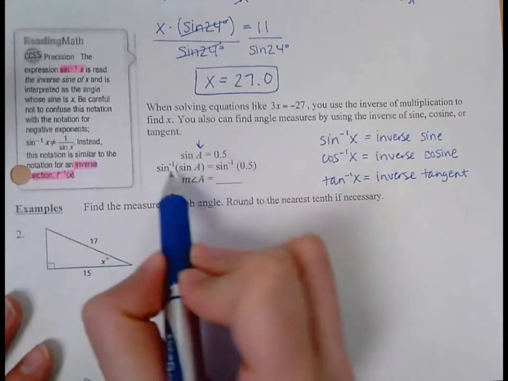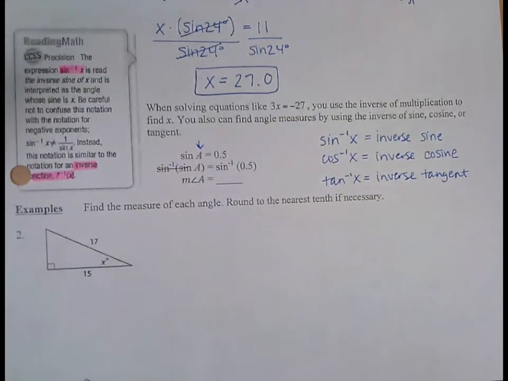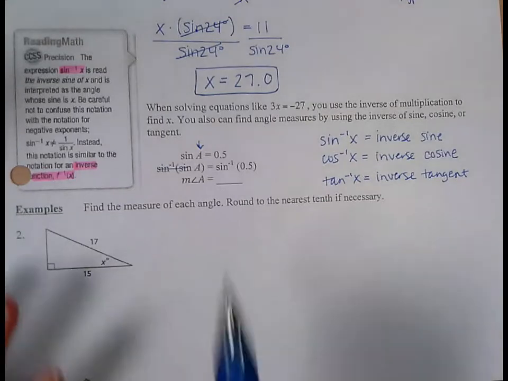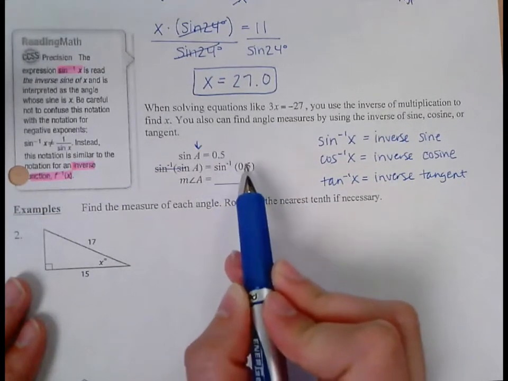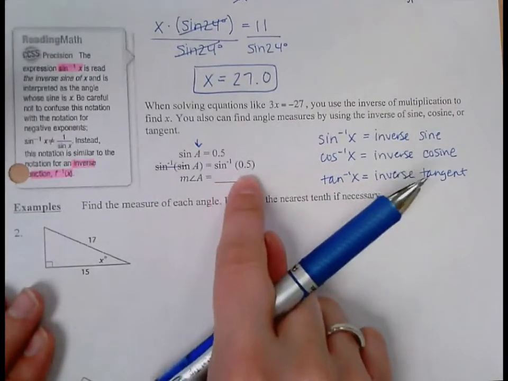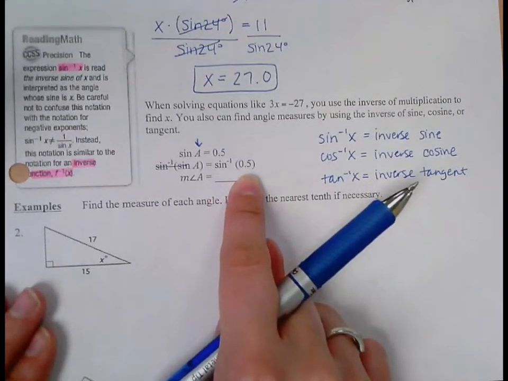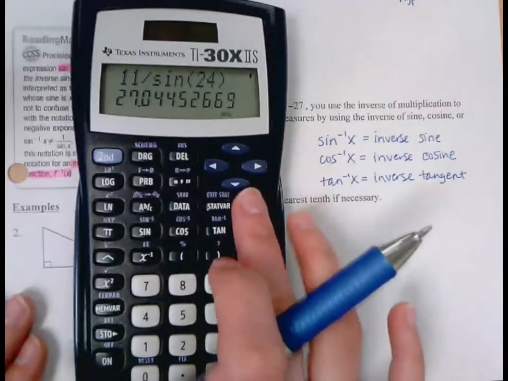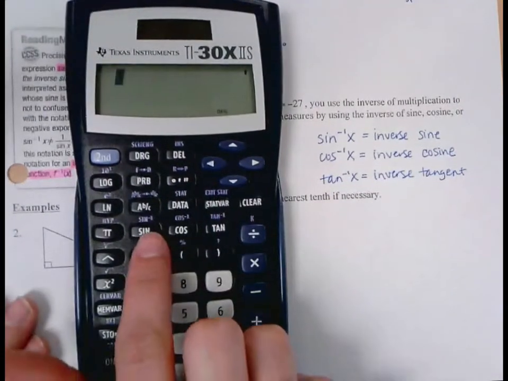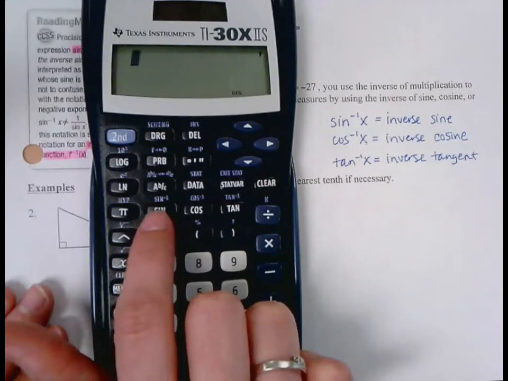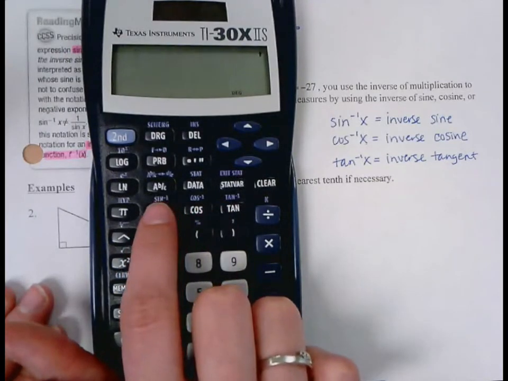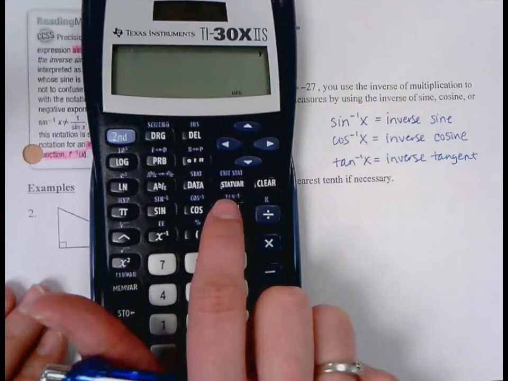Inverse sine and sine cancel each other out. Inverses cancel out like addition and subtraction. So then you're just left with the measure of angle A would equal, and you could type inverse sine of 0.5 into your calculator. Again, if you can't find this on your calculator, let me know. If you have a scientific calculator like this one, if you look above the sine, cosine, and tangent keys, you see inverse sine, inverse cosine, inverse tangent.